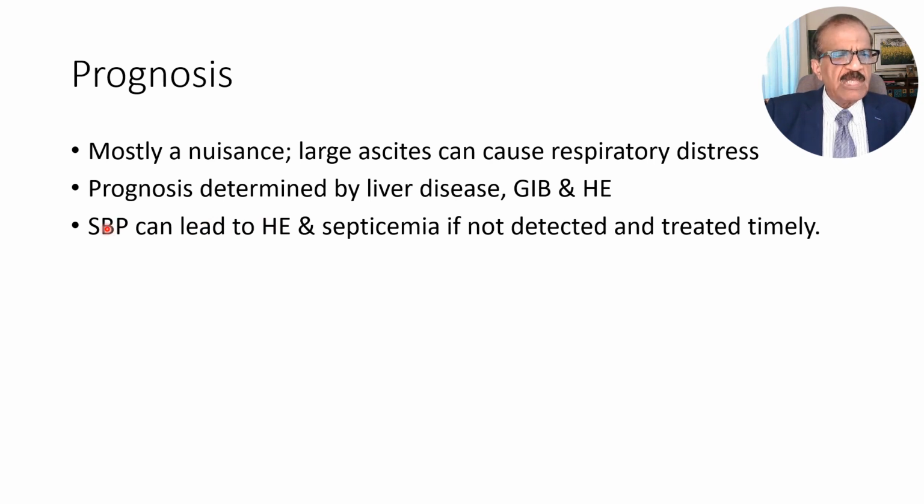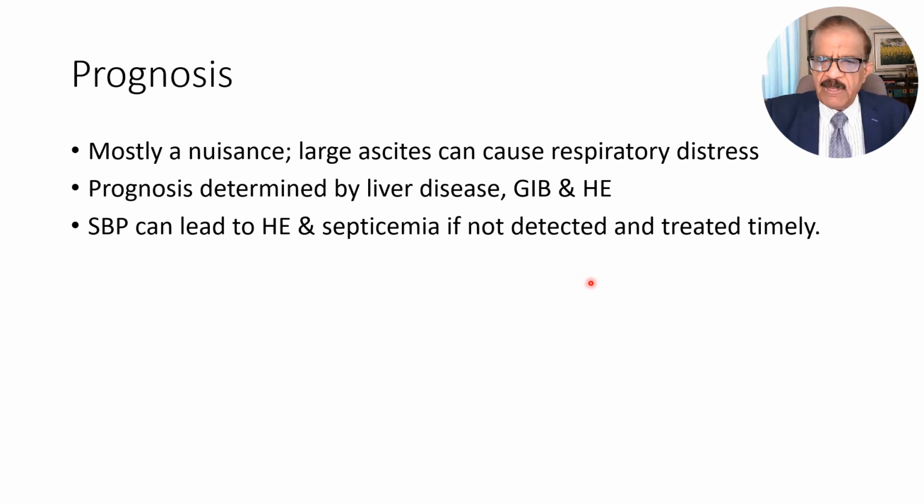And prognosis is primarily determined by the underlying liver disease, and whether somebody has gastrointestinal bleeding or hepatic encephalopathy. As such, ascites is not the very serious component of cirrhosis. Spontaneous bacterial peritonitis can lead to hepatic encephalopathy and septicemia if not detected and treated promptly.